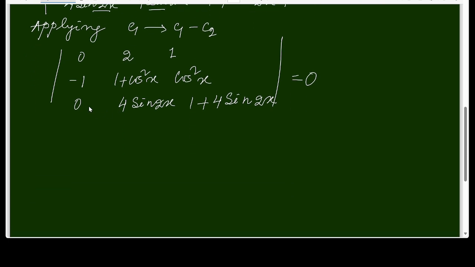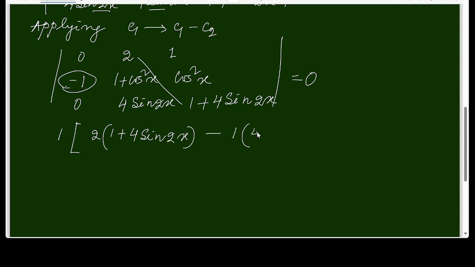So in the first column I am getting 2 zeros, so I can expand with this. It will be 1 into 2 multiplied by 1 plus 4 sine 2x, minus 1 into 4 sine 2x equals to 0.